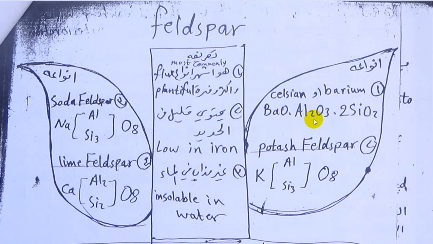BaO, as you can see in front of you, Al will be combined with further compounds in the form of Al2O3 as well as 2SiO2 on the BaO, barium oxide, as you can see in front of you.